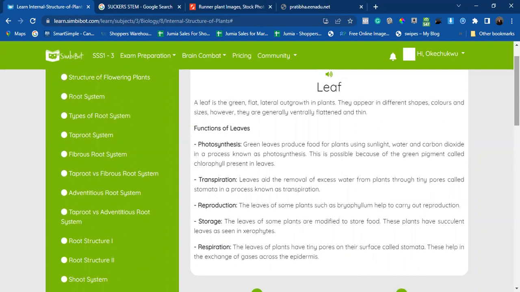Photosynthesis, the primary function. Transpiration, removal of excess water. Reproduction. The leaves function in reproduction because some flowers grow on the leaves. They function for storage and for respiration. So these are the basic functions of the leaf: photosynthesis, transpiration, storage, respiration, and reproduction.